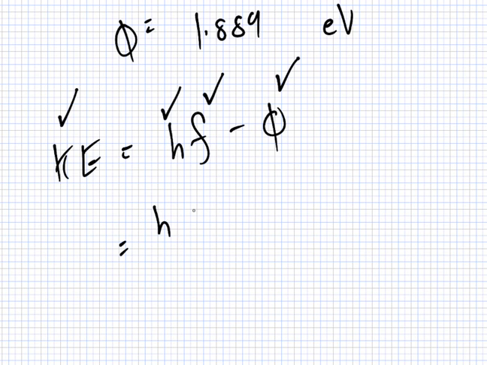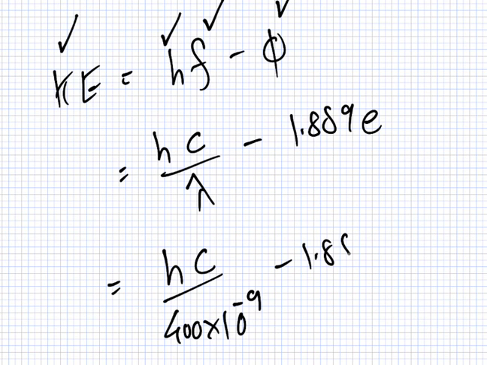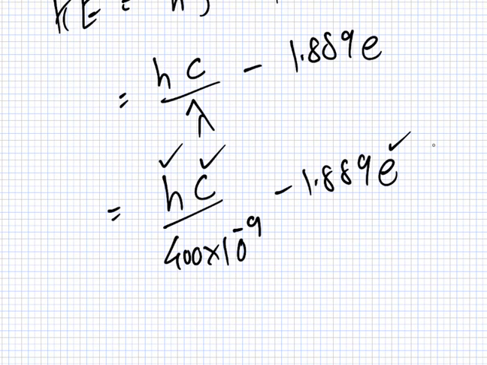So it's hc over lambda minus 1.889 eV. hc over 400 times 10 to the minus 9 minus 1.889 eV. And we know h, and we know c, and we know e. So please tell me on your calculator what you get here. 1.9 times 10 to minus 19. Can you put that small? Oh yeah, because it's only an electron, so it shouldn't have much kinetic energy.